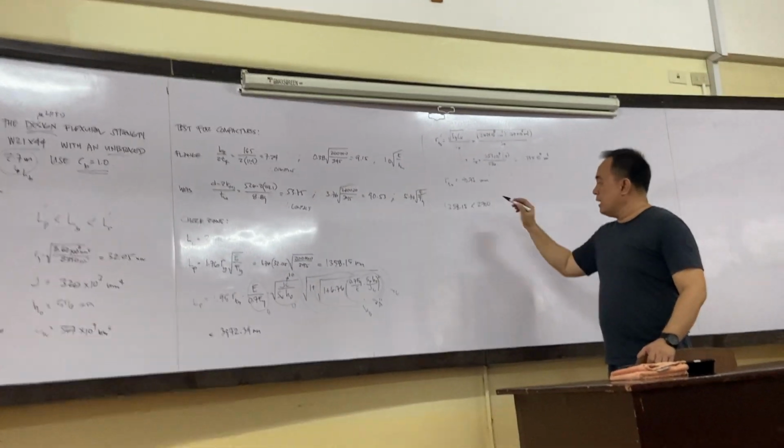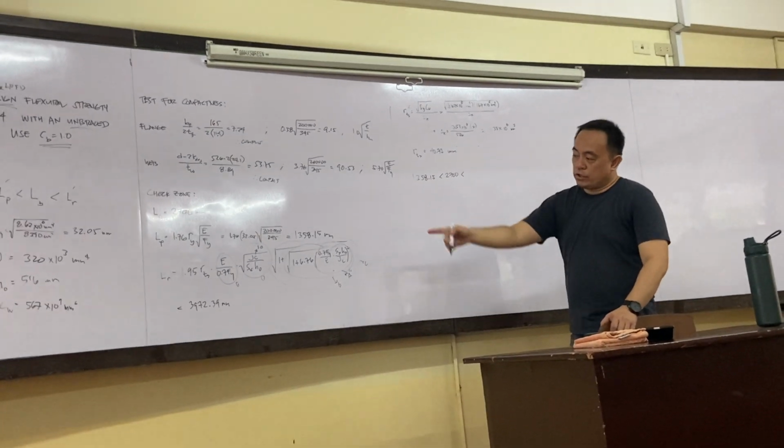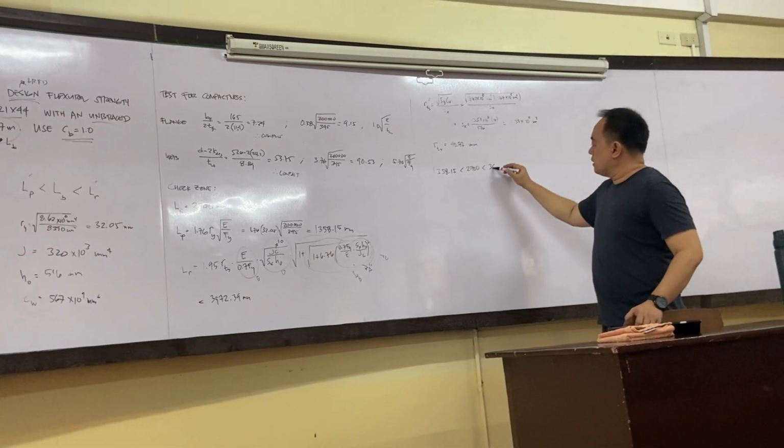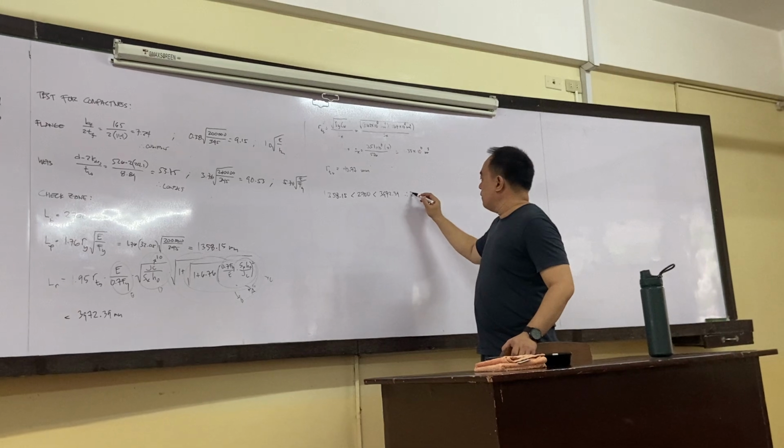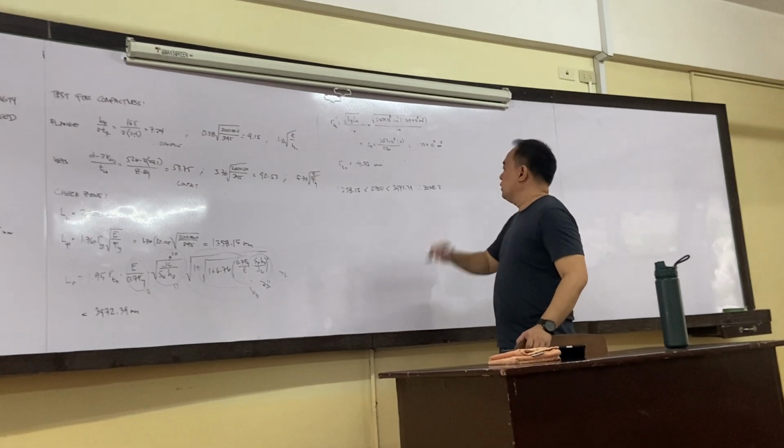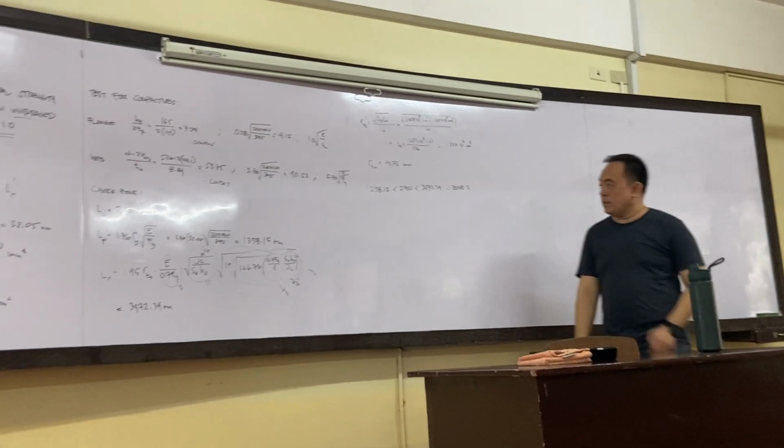Pero unbraced length is still less than your LR, which is 3972.39. So therefore, this is under.